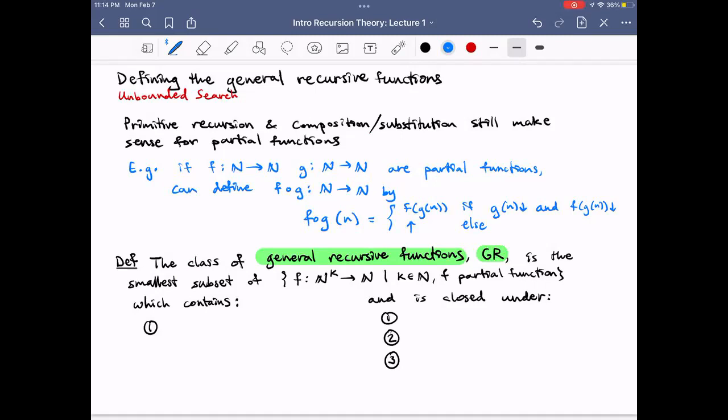So with that in mind, we're going to define the class of general recursive functions, and I'll abbreviate it sometimes GR, as the smallest class of functions which contains all primitive recursive functions and which is closed under three operations. The first two are the same as from before: composition / substitution and primitive recursion.